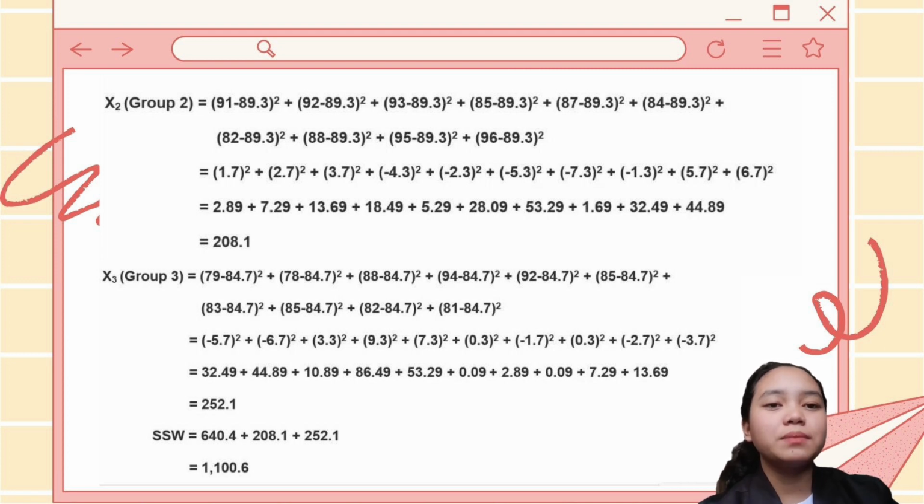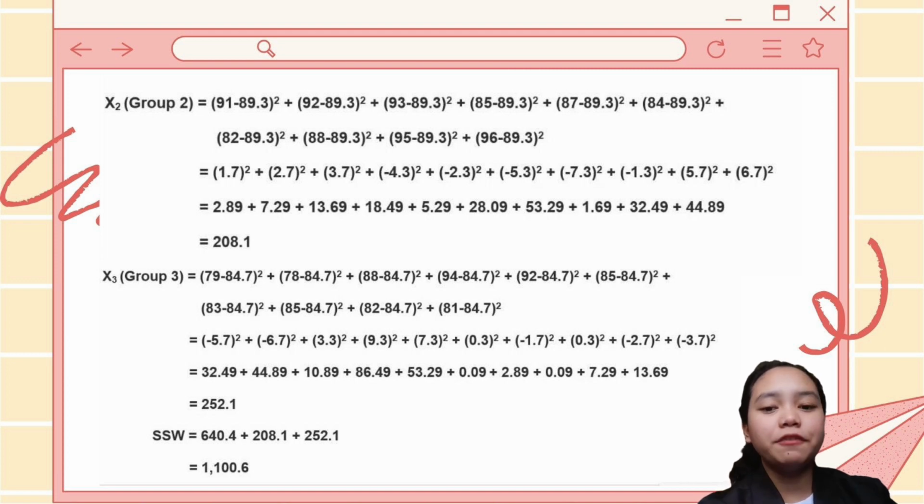Next, we will subtract the following inside the parentheses. Negative 5.7 squared plus negative 6.7 squared plus 3.3 squared plus 9.3 squared plus 7.3 squared plus 0.3 squared plus negative 1.7 squared plus 0.3 squared plus negative 2.7 squared plus negative 3.7 squared.